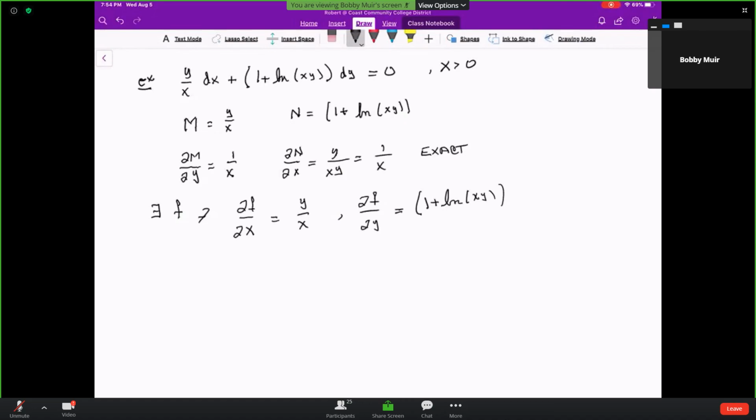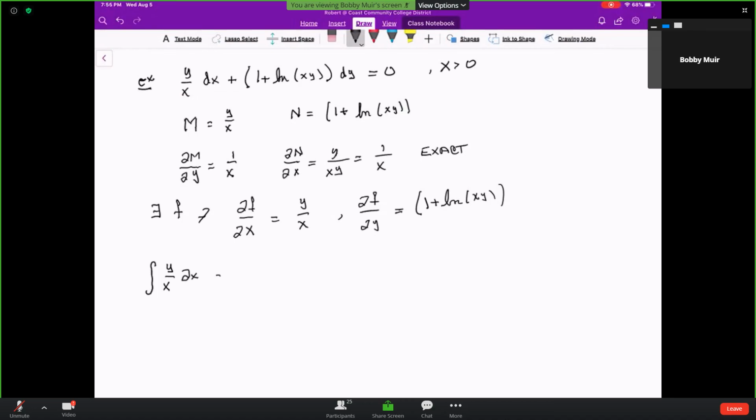Okay, so what we do is we kind of back into this. If we were to integrate y over x with respect to x, I had a teacher my junior year at Cal Poly, and this is how Dick Robertson wrote it, he said this is like partial integrate. So you just think of y as being a constant.